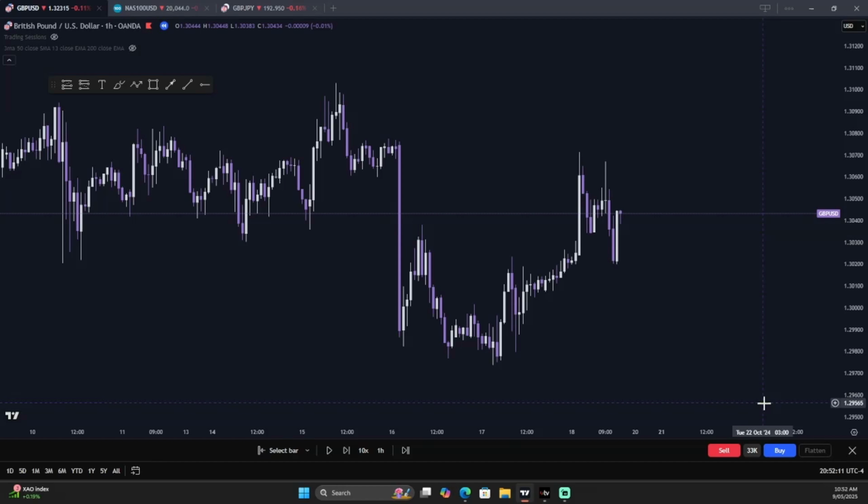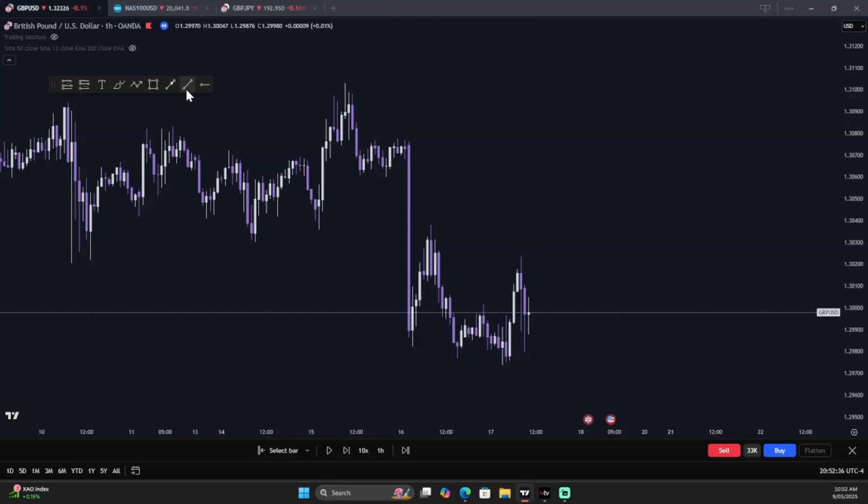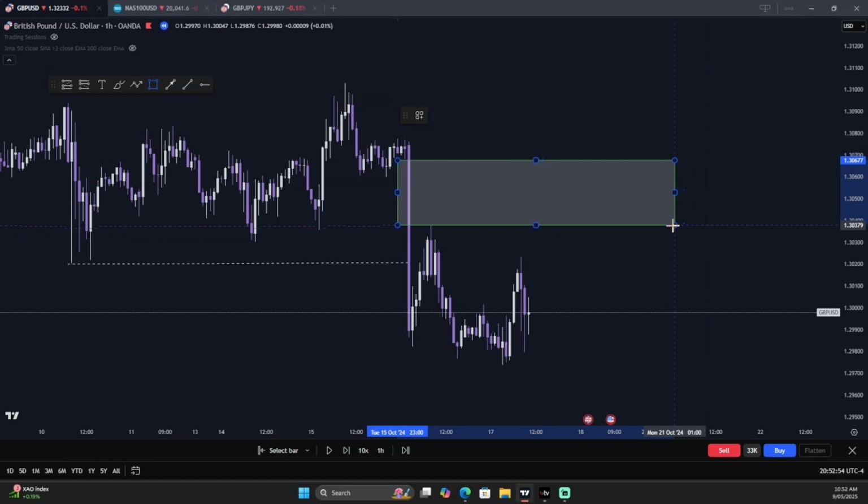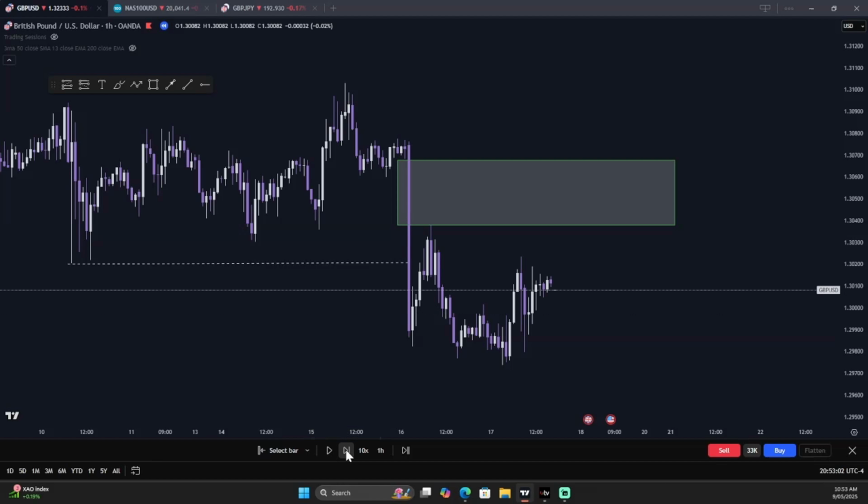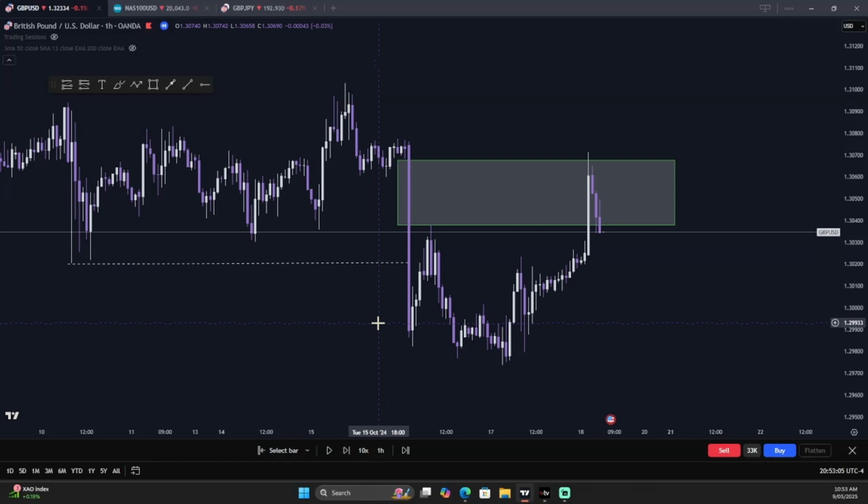So how does this influence and affect market structure? Well, if we were to go back to this candle here, as you can see, we have broken some major swing lows, giving us a downtrend. However, something also to point out is that we do have this major gap that will eventually need to be filled in. So when price does decide to come up and actually fill this gap in, it does so.